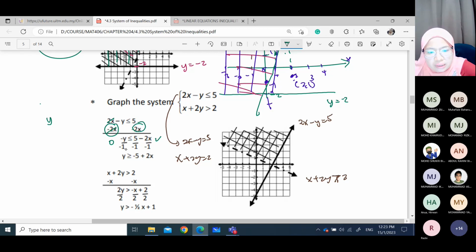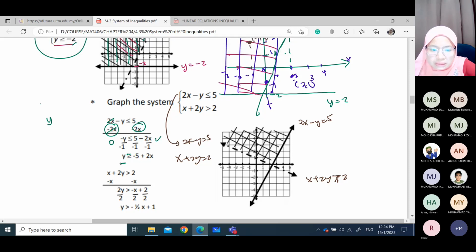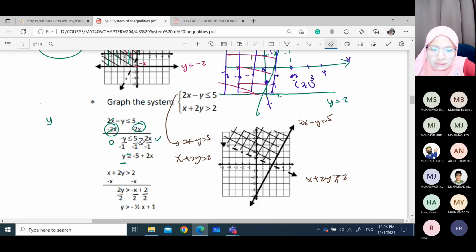Okay, so next, yang ini apa dia buat ni? Darabkan dengan negative 1. So negative y times negative 1, we have y. So yang ni inequalities will be changed. Okay, sebab kita darabkan dengan negative 1. So dia akan jadi greater than or equal. And then for this one, negative 5 times negative 1, we have negative 5. Negative 2x times negative 1, we have 2x.